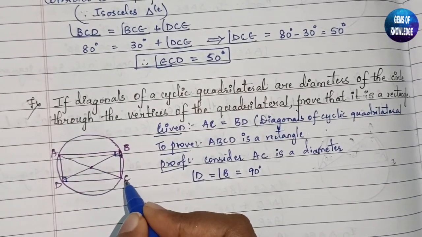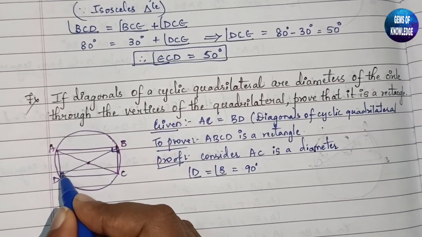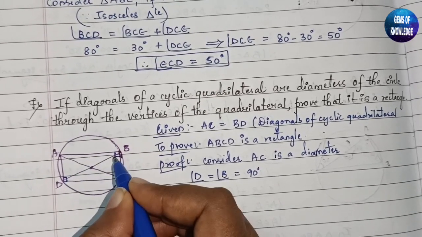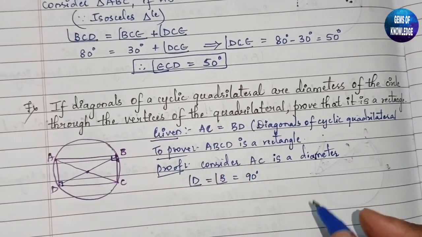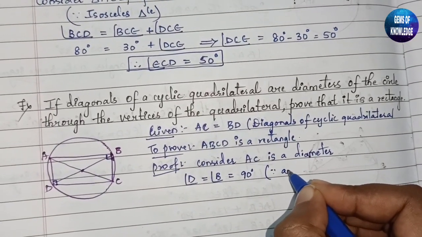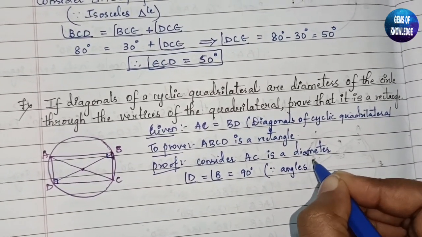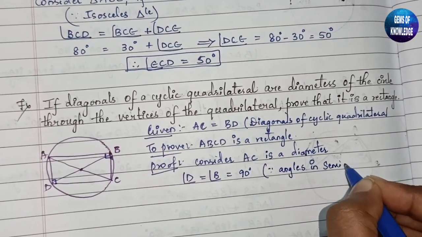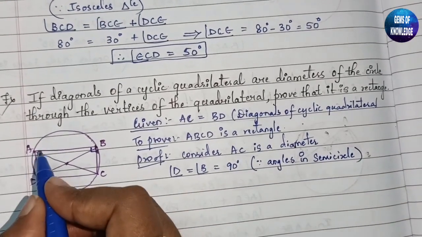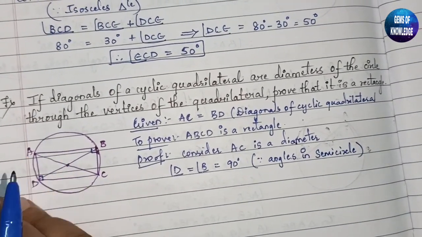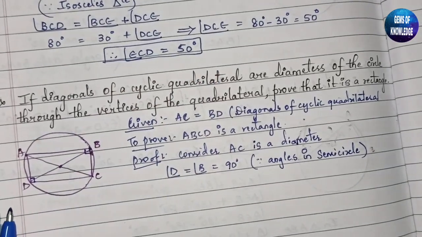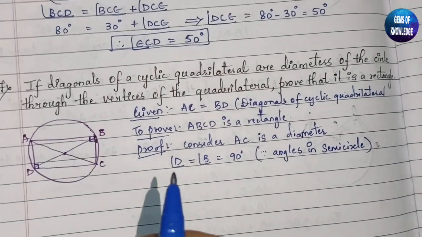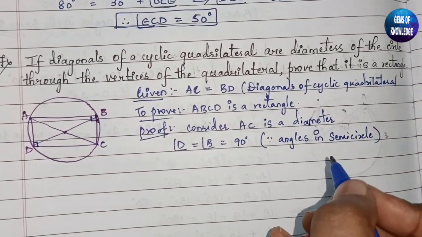If this is a diameter of the circle, then easily we can say this angle is 90 degrees and this angle is 90 degrees, since angles in the semicircle. If you cut this from here, this is half portion of the circle and the upper part is the other half portion of the circle, which is also known as a semicircle.